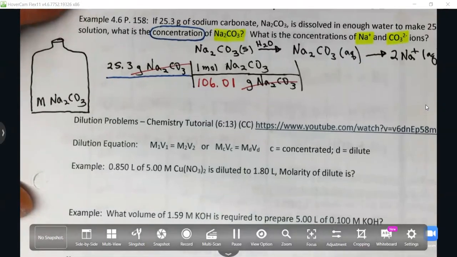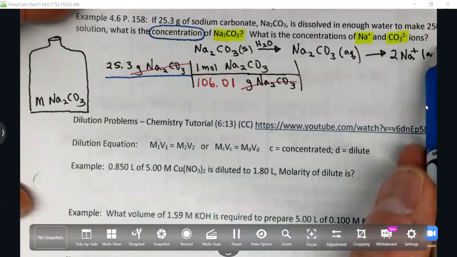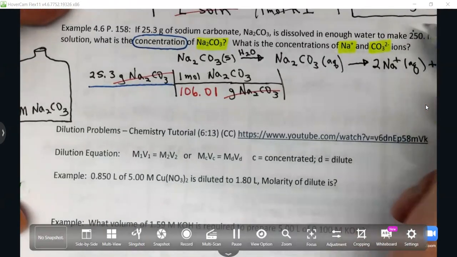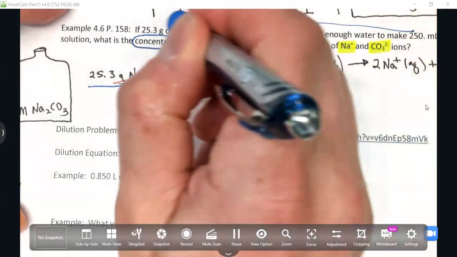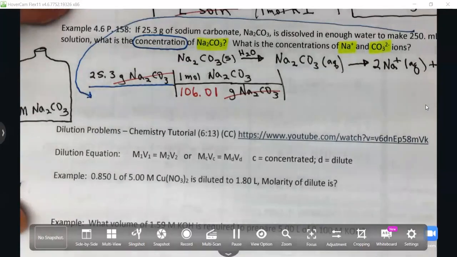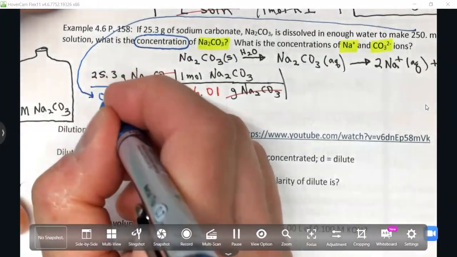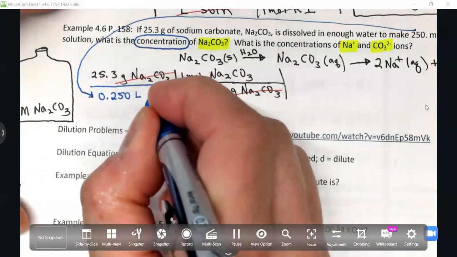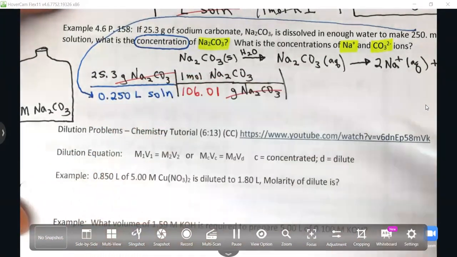And our liters is 250 milliliters, 0.250 liters of solution.